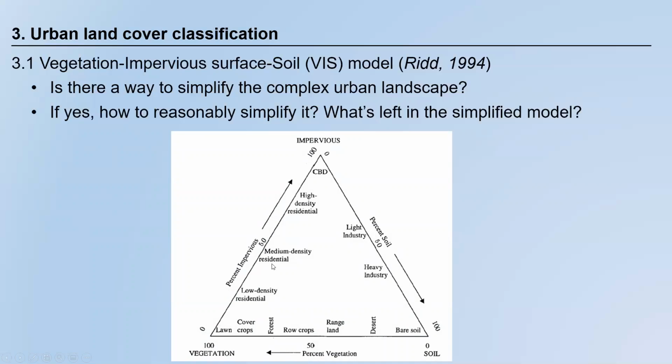For example, let's say medium density residential area is somewhere between impervious surface and vegetation. Why? Because in residential area, we have roofs, right? We have pavement, we have parking lots. They are impervious surface, but we also have trees, grass, right? So it's not pure vegetation, neither impervious surface. So medium density residential is somewhere between vegetation and impervious surface, right?